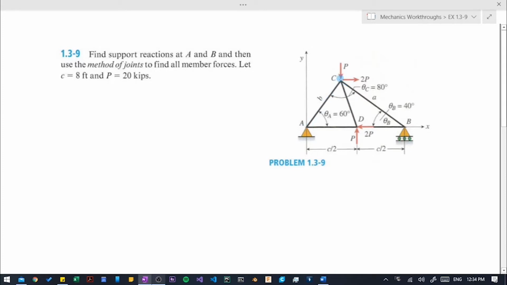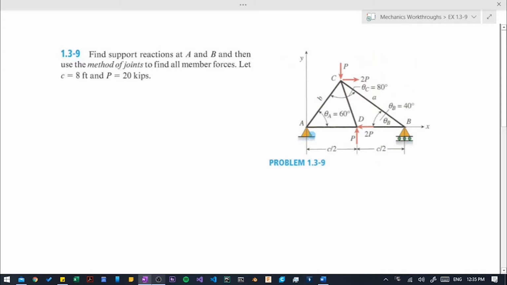So all the forces at each end of the member combine into a single force that is felt internally throughout the member, and so there are no bending moments or shear forces inside the member. So we need to find the reactions here at A and B, and then use the method of joints to find the internal force of each member.